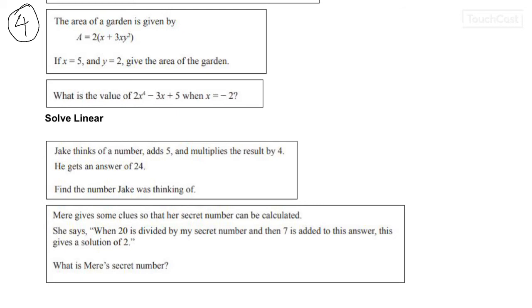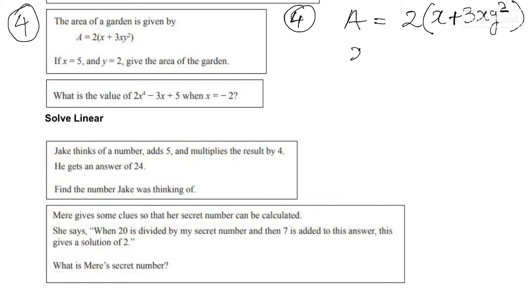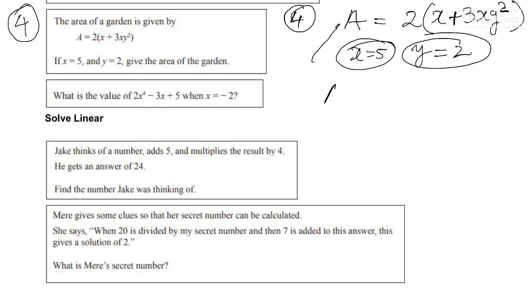The area of a garden is given by A equals 2 lots of x plus 3xy squared. If x equals 5 and y equals 2, get the area. So area would be 2 lots of 5 plus 3 times 5 times 2 squared. Remember, power first.